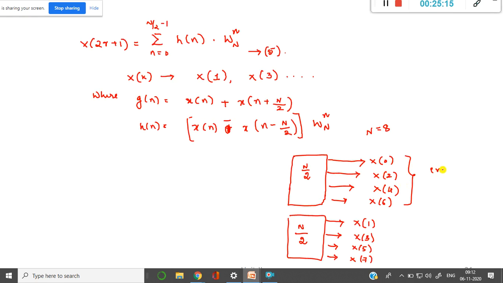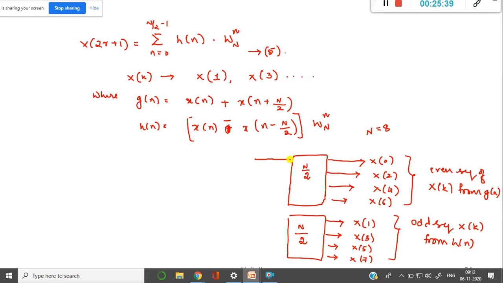So these are even sequences of x of k obtained from g of n, and these are odd sequences of x of k obtained from h of n.